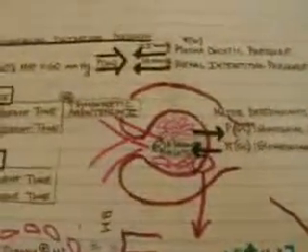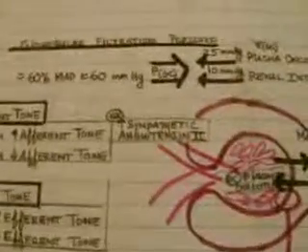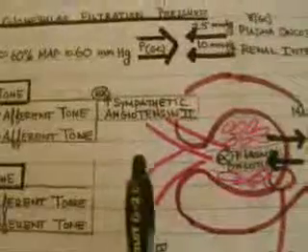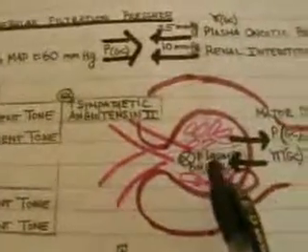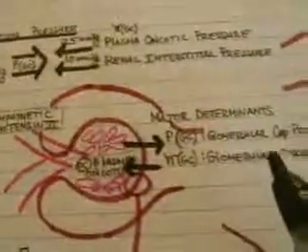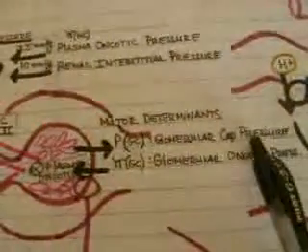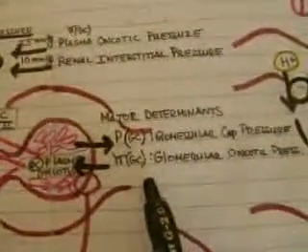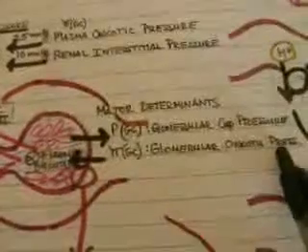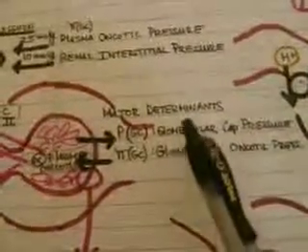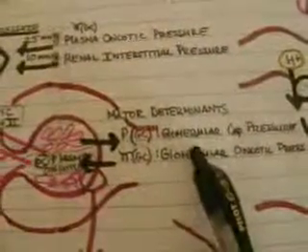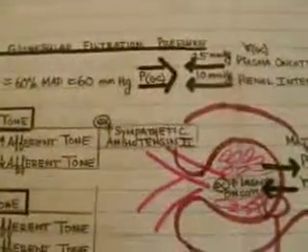And we can see here that the glomerular filtration pressure, the pressure that's generated within this filtration system, is determined by the glomerular capillary pressure and the glomerular oncotic pressure. And these two major determinants, along with the renal interstitial pressure, determine the overall glomerular filtration pressure.